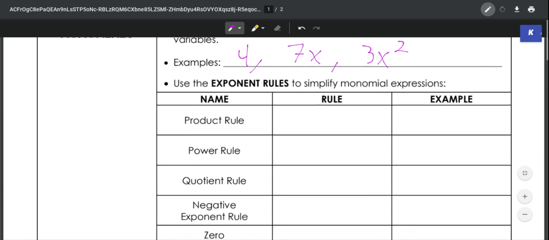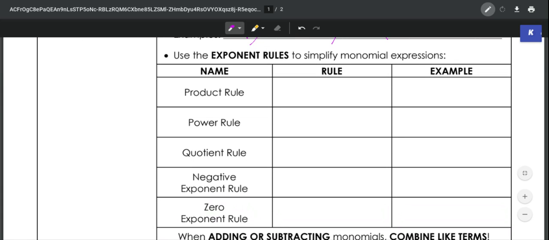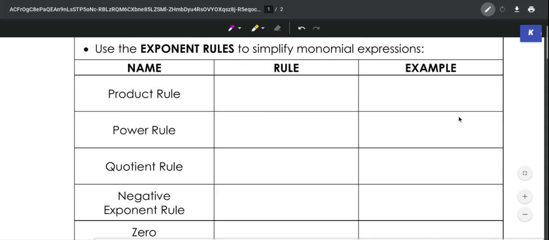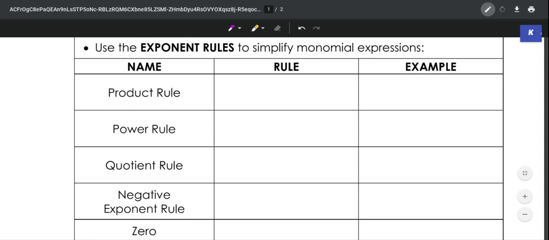So now let's look at our exponent rules, which should be pretty much a good bit of review, but we'll go through it. All right, let me zoom in for you. So for the product rule, that is when you have two numbers, which we could say a to the m.